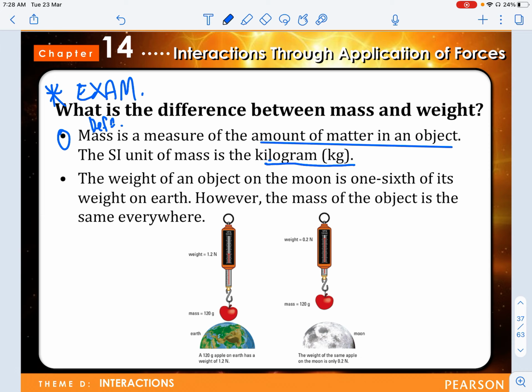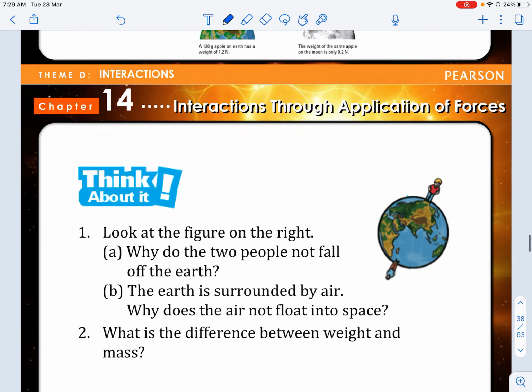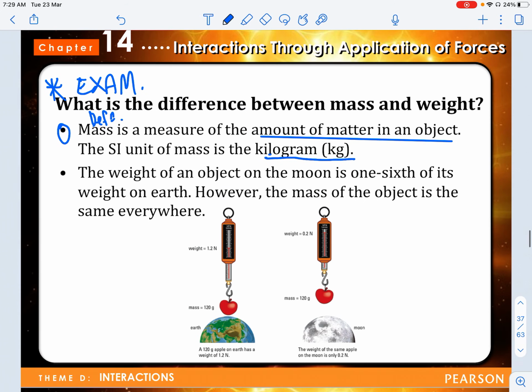However, weight is different in the sense that weight is the amount of gravitational force acting on the mass, and the SI unit for weight is the newton. Because these two use different units, there are different ways to measure them.